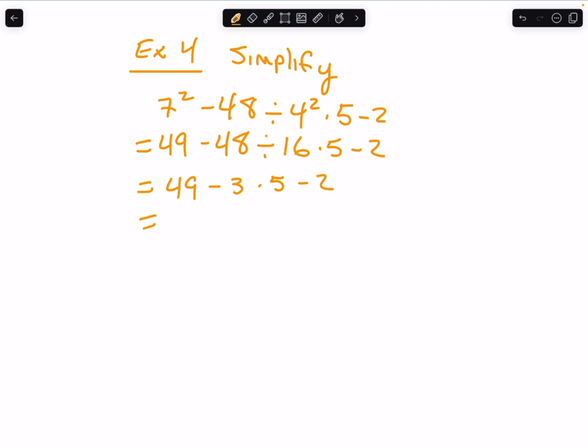Now we can deal with that negative 3 times 5, that's negative 15. So 49 minus 15 is 34, minus 2. 34 minus 2 is 32. Okay, that's using the order of operations there. Let's do another example.